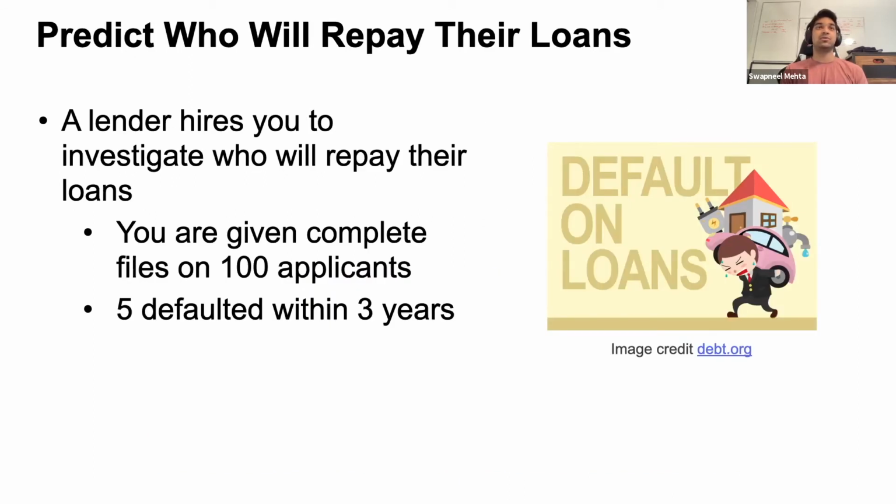So suppose, getting back to what we're talking about, we have this problem where you are hired to investigate who will repay their loans and who will not. You're given complete files on a bunch of applicants, and you find that 5 of these applicants defaulted within the 3 years that this loan was extended for.